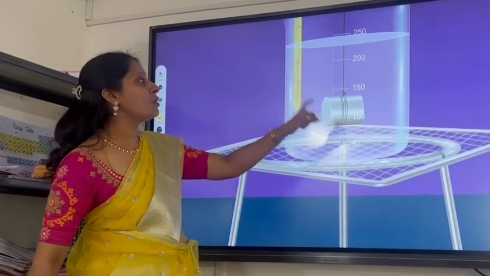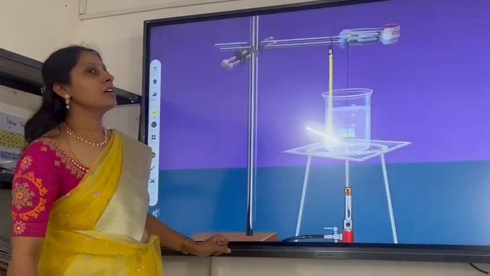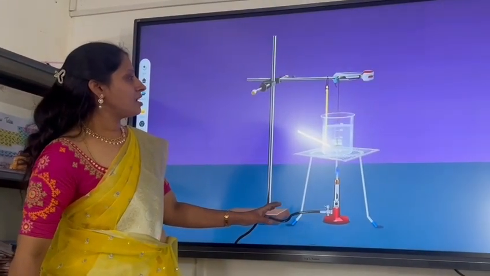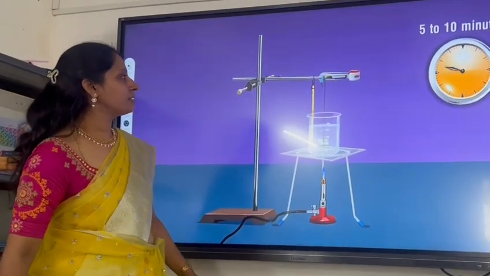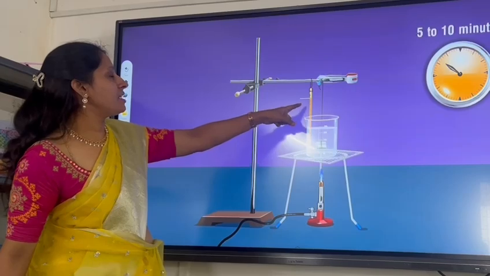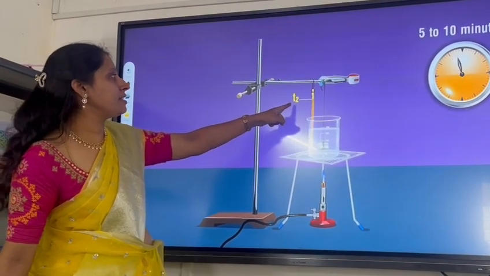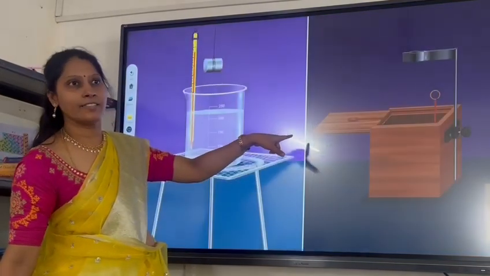The temperature of the water and the solid is the same. Now heat it. After 5 to 10 minutes, you can remove it. The temperature increases, so that is T2 degrees. Note it down. It is the temperature of the given solid.